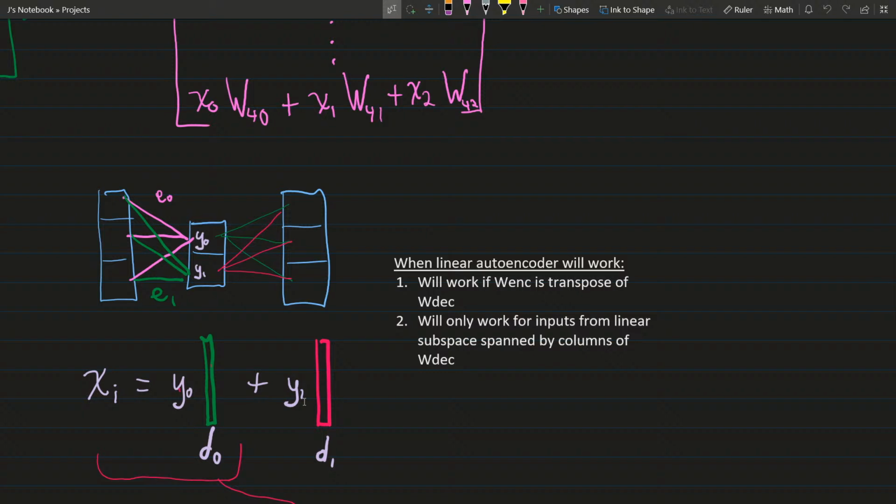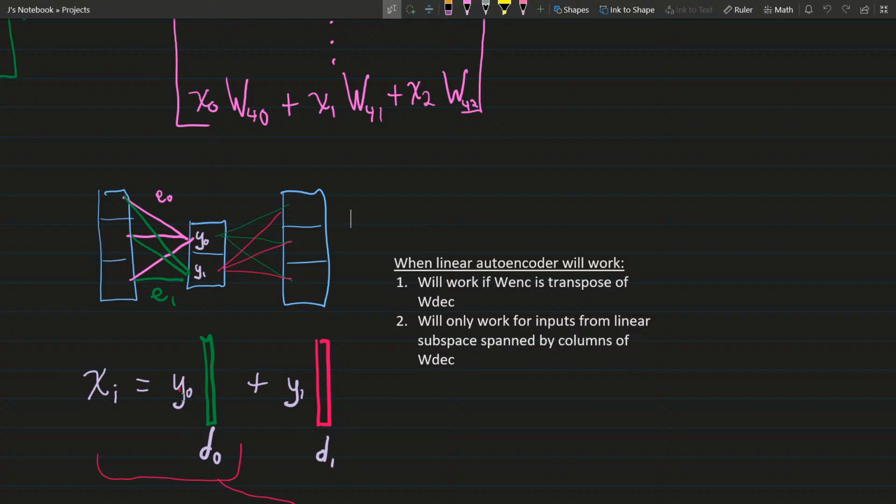I believe it can do that by simply taking the dot product of each decoder basis vector with the input, and that directly gives you the weighting.